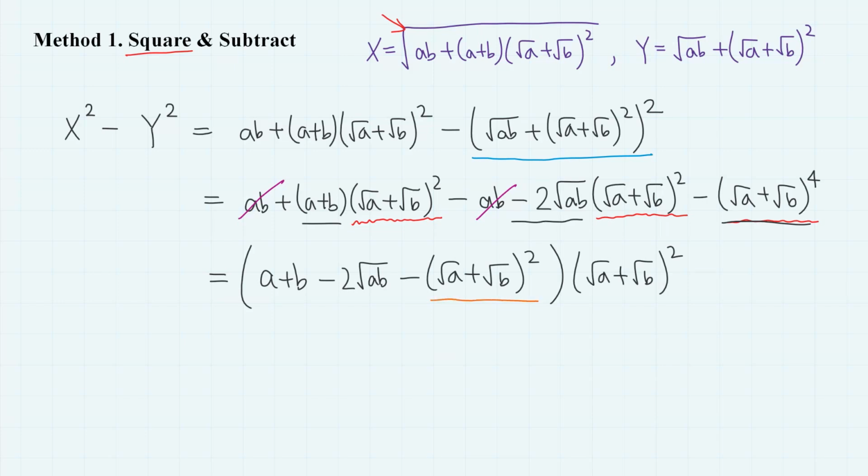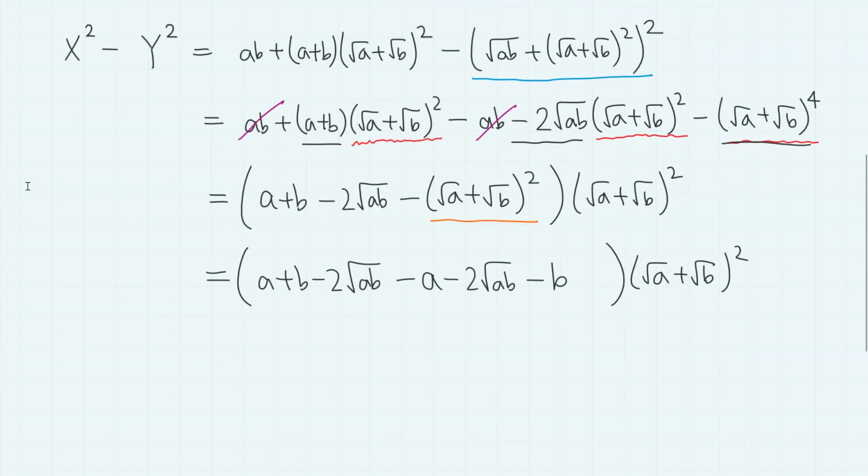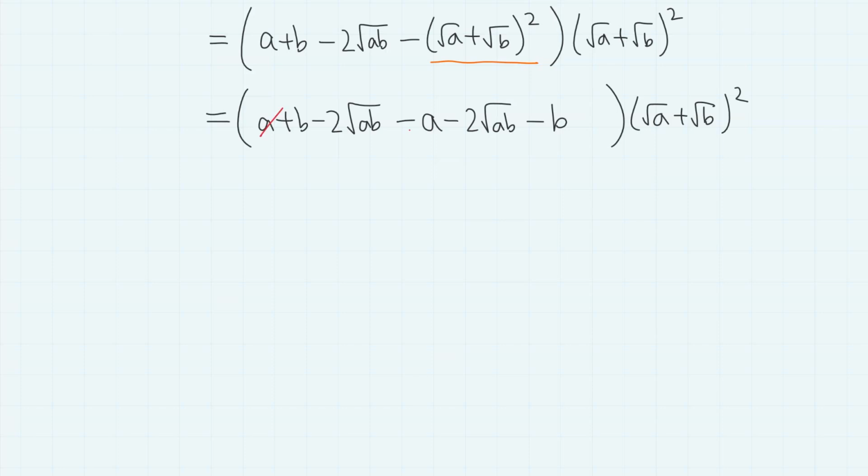And now we expand this part, so we have a plus b minus 2 square root of ab, then minus a minus 2 square root of ab minus b, so this times (square root of a plus square root of b) squared. If we simplify, we just have minus 4 times square root of ab times (square root of a plus square root of b) squared.